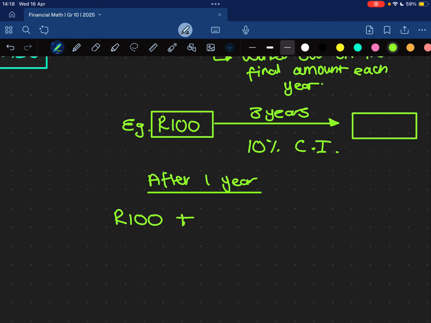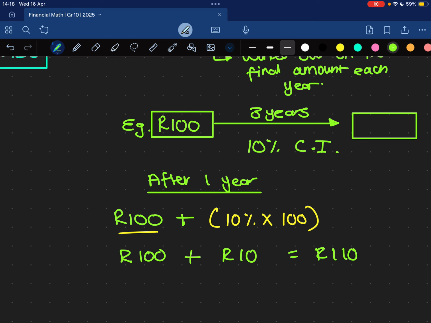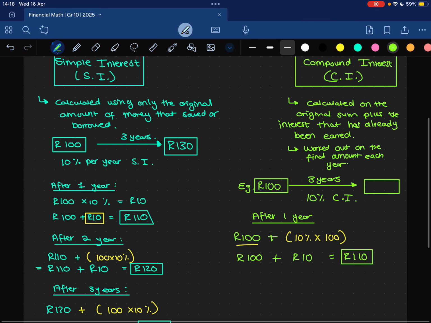So now it's 10% of the amount that I have at the end of the year. So the amount of money that I have is 100 Rand. So I'm going to have 100 plus 10, which is going to be 110. So notice that after 1 year, both simple and compound interest is the same.